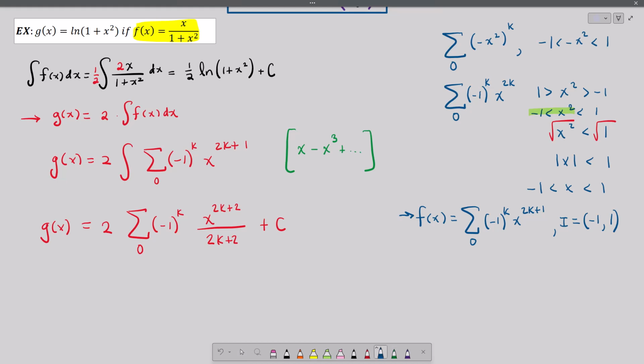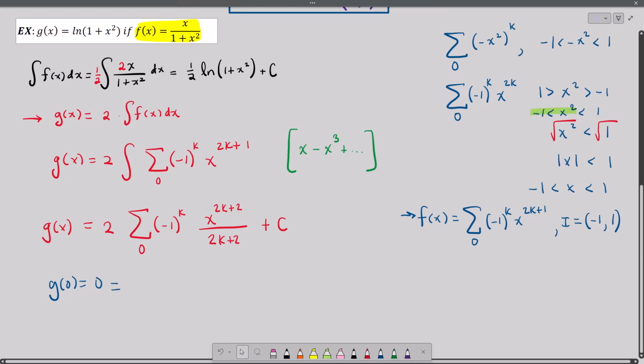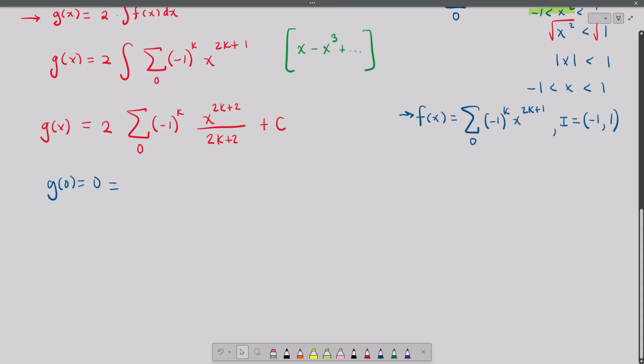So we know that g of 0 must be 0. So now we want to think about plugging in 0 here for x. And what happens to all of this when we plug in 0 for x? What happens to this? It's all 0, right?